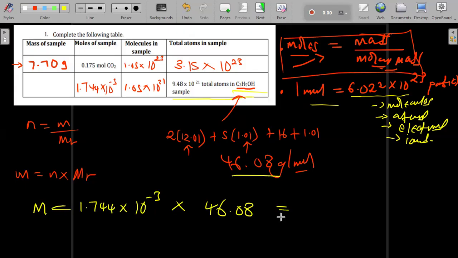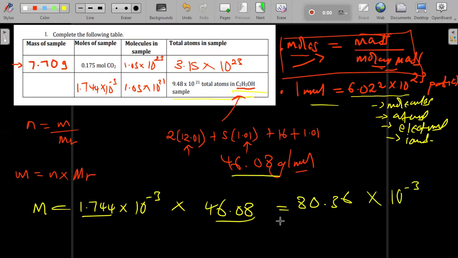Just multiply this number with this first number here, and leave the 10 to the power something on its own. So it will be 1.744 multiplied by 46.08. There I'm getting 80.36, multiplied by 10 to the power minus 3.